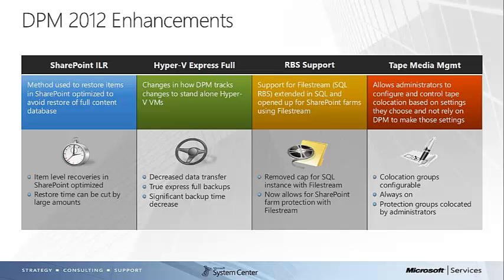We also introduced RBS support officially with DPM 2012, and we now allow that in a SharePoint farm that's using RBS. We've made some changes in how you can manually configure and tweak the tape management and media in DPM 2012.